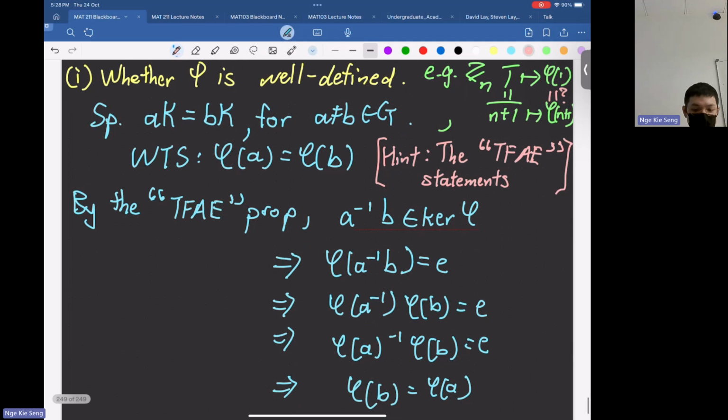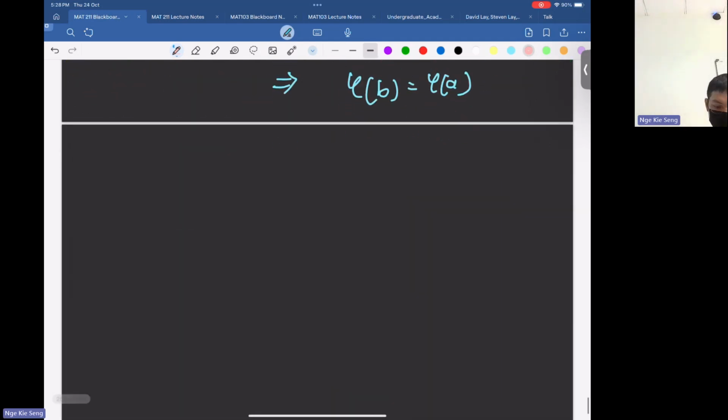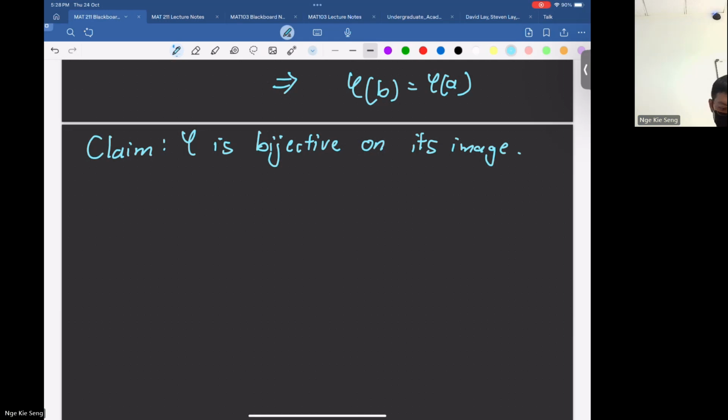Okay, right. So after checking well defined, then we need to do bijection. So we need to prove the bijection. To prove this bijection, we will use surjective and injective. One of them is easier. Surjective is easier. Correct or not? What do you need to show for surjective?